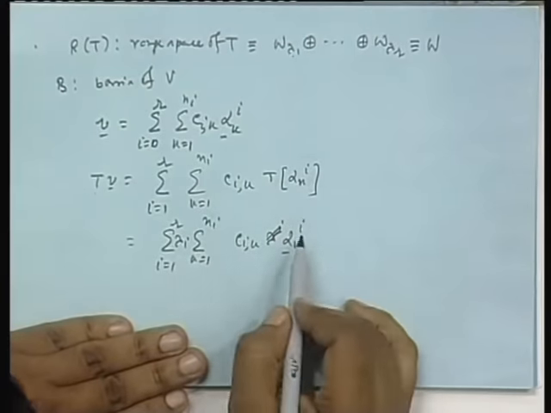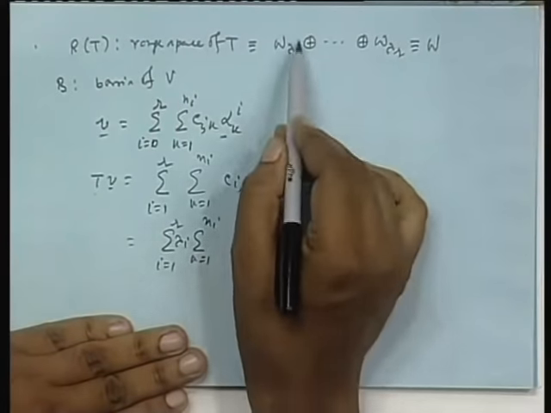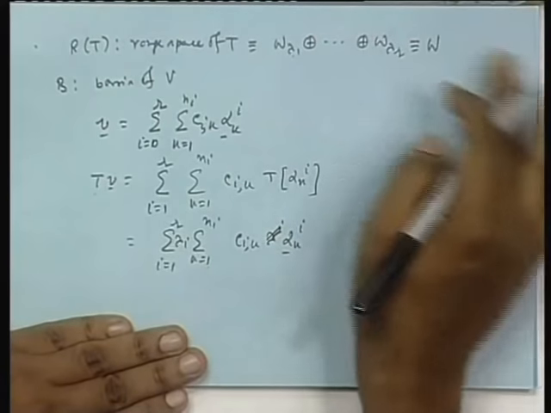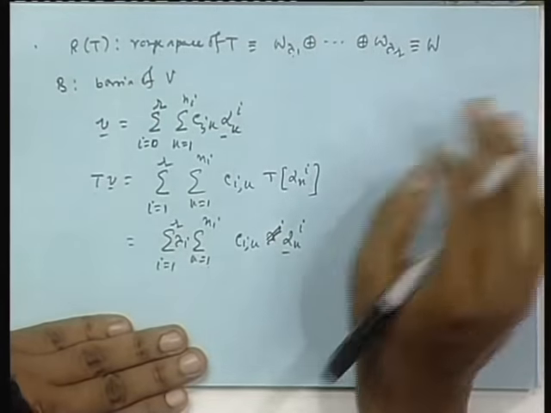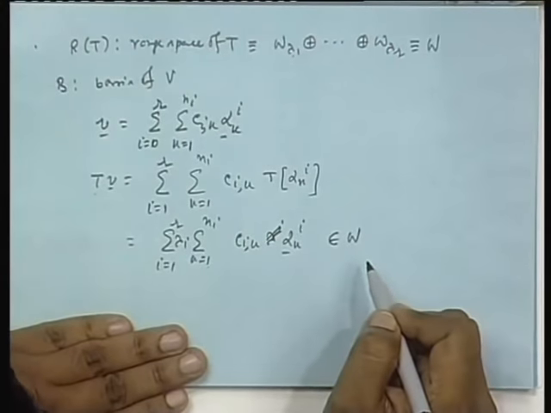Because we started I equal to 1, k varies from 1 to n1. So that covers the basis vectors of W lambda 1, just a linear combination, same for the other lambdas also. So this is contained in W.